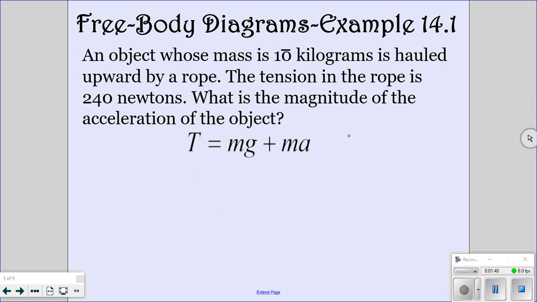So this is the formula we're going to use, and it may be a formula you want to write down on your formula sheet. T equals mg plus ma. So T is tension, m is mass, g is from gravity, m again is mass, and then a is acceleration.